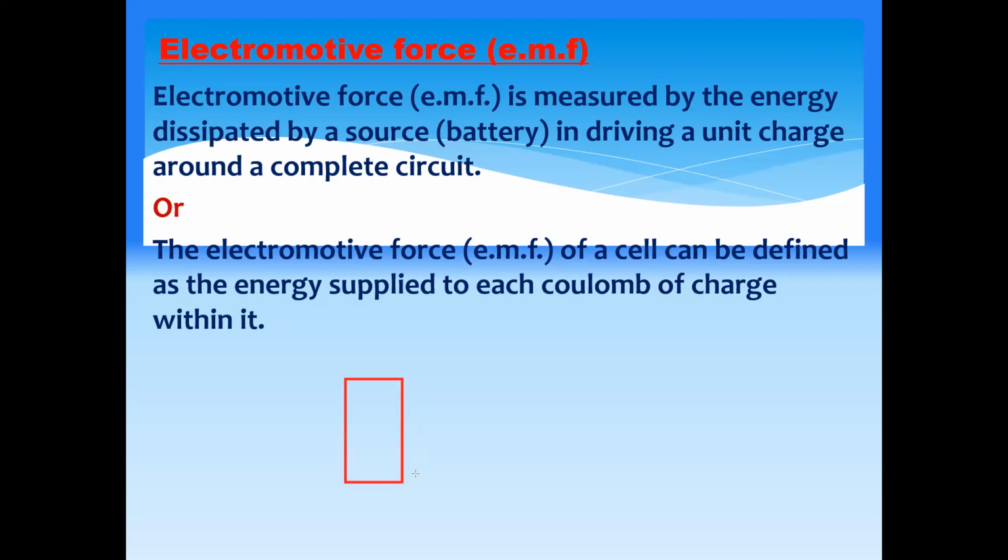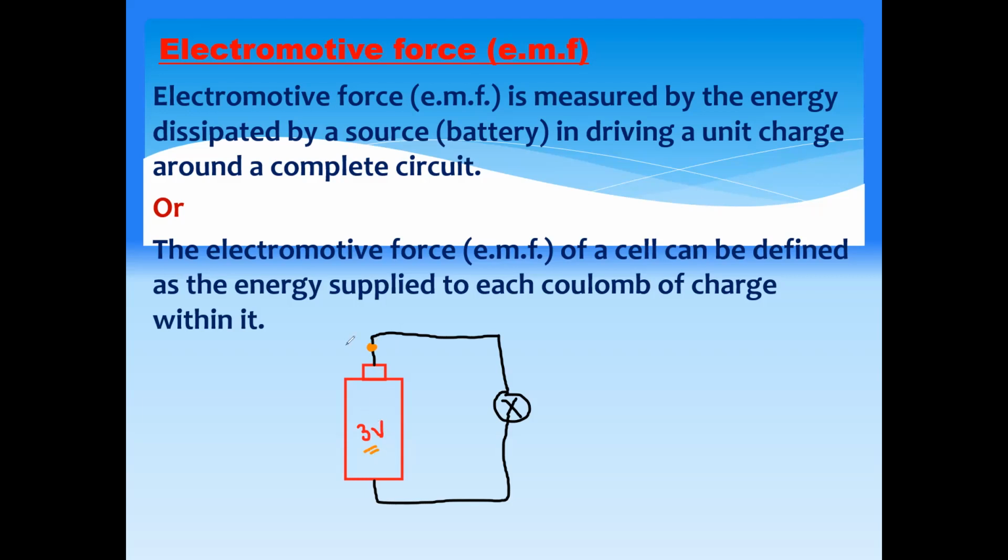So for example, a cell is there. On the cell it is labeled 3 V. So what does it mean? If we connect wires and circuit components such as a bulb, then due to a chemical reaction it will produce charges. When this charge comes out, how much energy will it carry?